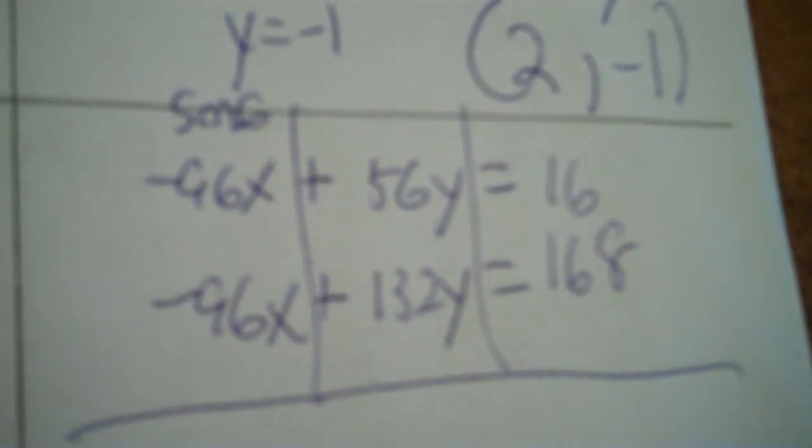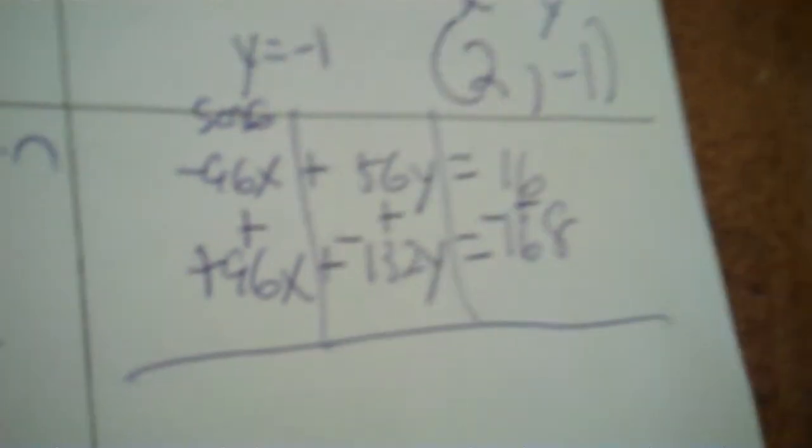Now, try this again. We have the same in the x column, but they can't both be negatives. You need a negative and a positive. Well, now I have it, but then I have to make 132 opposite to negative, 168 opposite to negative, and now I know that my x's will add to 0.